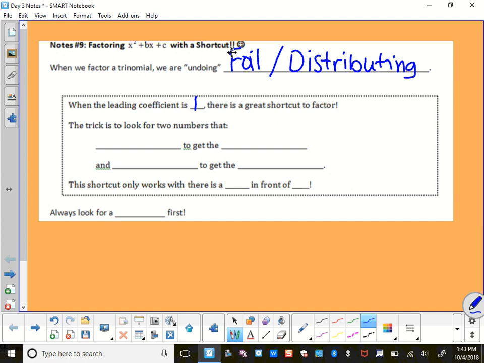That part is important. The trick is to look for two numbers that multiply to get the last number and add to get the middle number. This shortcut only works if there is a 1 in front of your x squared.